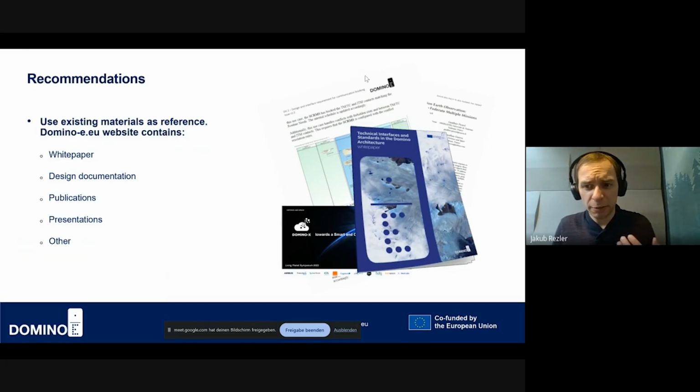There's essentially plenty of material, and if you are going to try to make your own domino, you don't have to start from scratch. Not sure if you want to make SCRMS 2.0, but if you want to make something else, you have reference materials of how it went for us, of what decisions we made on even the lowest level of abstractions.